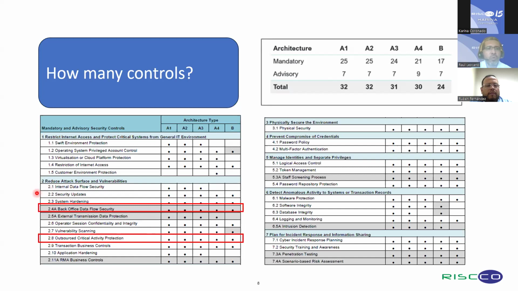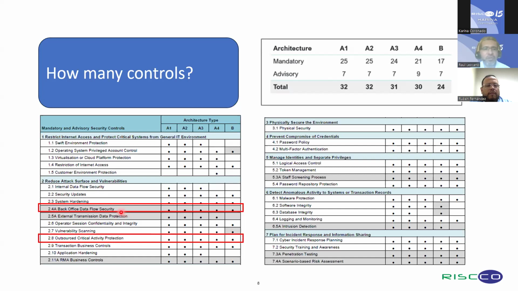When it comes to this control 2.4, which has an A as advisory, it is still advisory during 2024. What Swift has begun, sorry for my errors in my grammar in English, is still in progress. What Swift is advising customers is to prepare for this mandatory change that will come later.